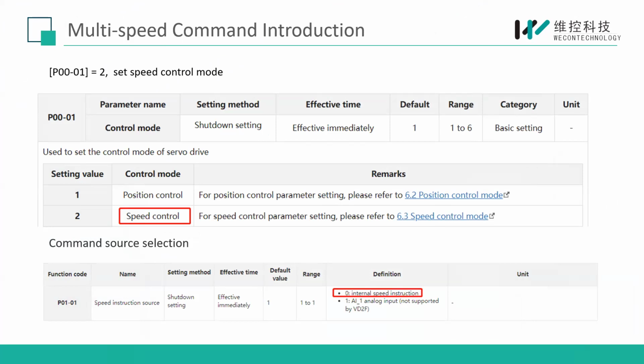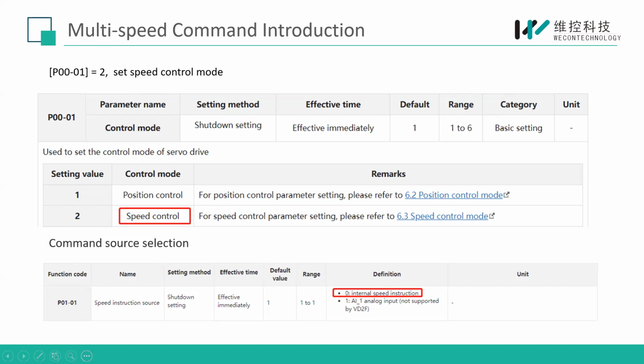Multi-speed means setting several different speed values for the servo and then switching the corresponding switching signals, which can make our motor run at the corresponding set speed.